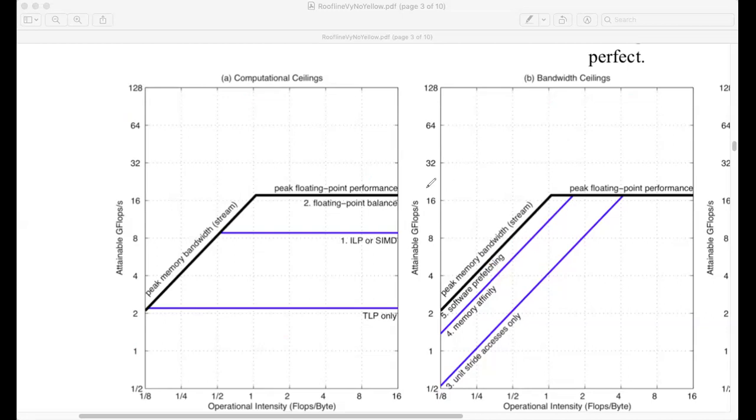Okay, loop unrolling. That's true, good. Through loop unrolling, you are doing multiple operations per iteration. Excellent. So through loop unrolling, we are trying to move this line up.